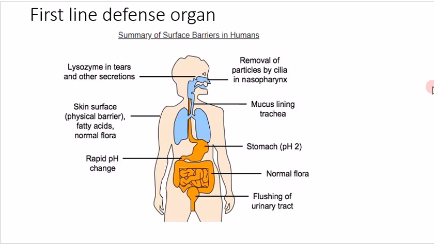If it is in the mouth, there is again a lot of saliva production, and if it enters from the mouth, then there is a mucosal lining on your respiratory tract, and also in the esophagus.